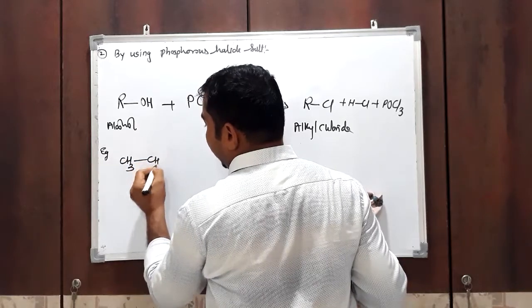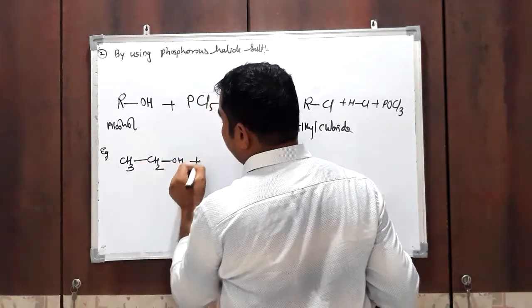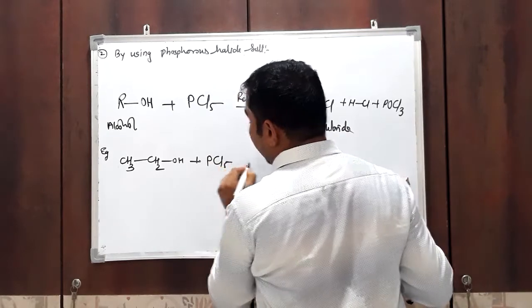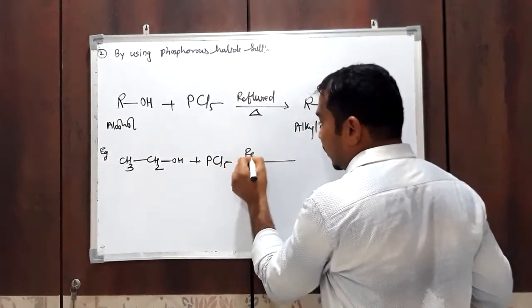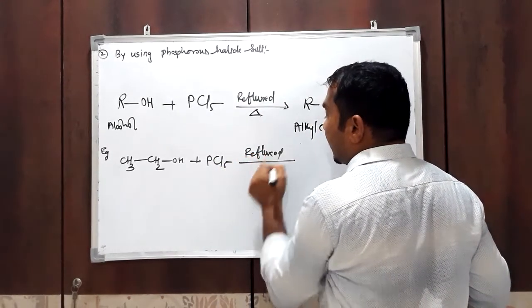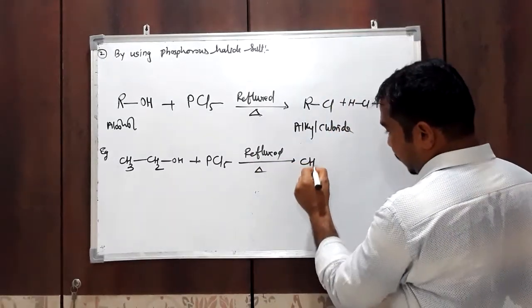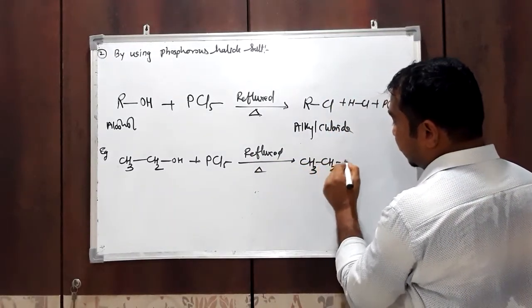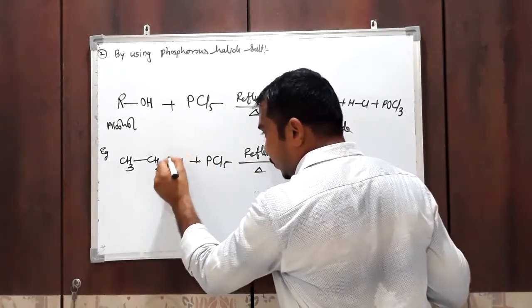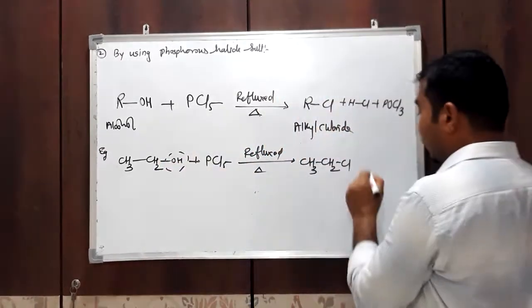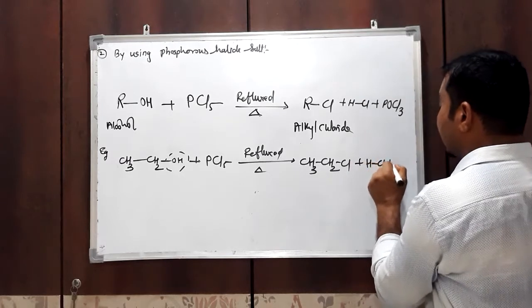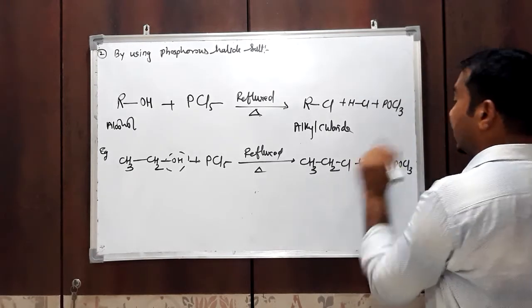For example, ethanol, just take a very simple example. Ethanol plus PCl5, phosphorus pentachloride, reflux. Then you will get ethyl chloride. There is simply replacement of OH by Cl, plus HCl plus POCl3 as a side product.